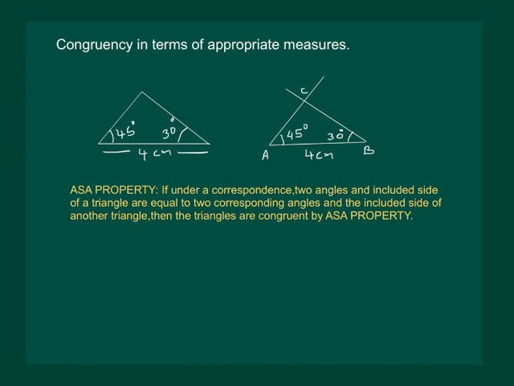Hence we now state the ASA property: if under a correspondence two angles and the included side of a triangle are equal to the corresponding angles and the included side of another triangle, then the triangles are congruent by the ASA property.